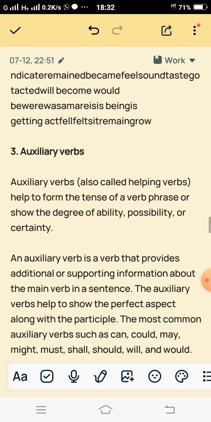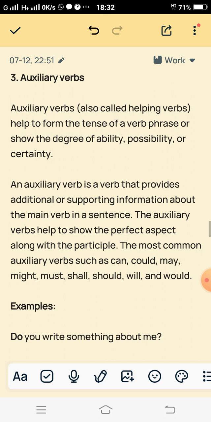An auxiliary verb is a verb that provides additional or supporting information about the main verb in a sentence. The auxiliary verbs help to show the perfect aspect along with the participle. The most common auxiliary verbs are can, could, may, might, must, shall, should, will, and would.